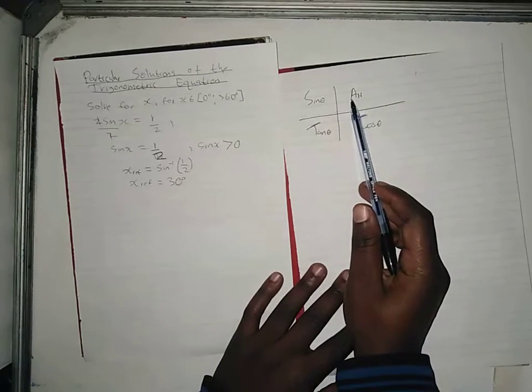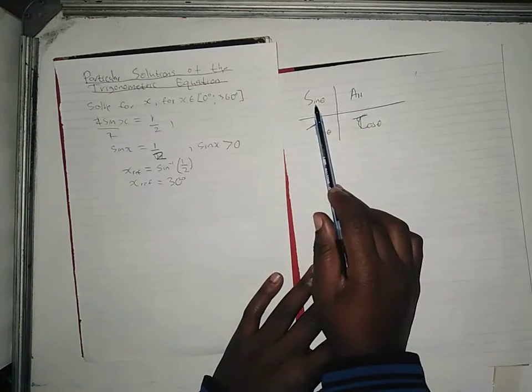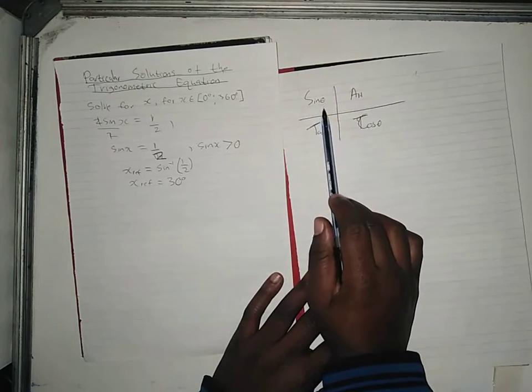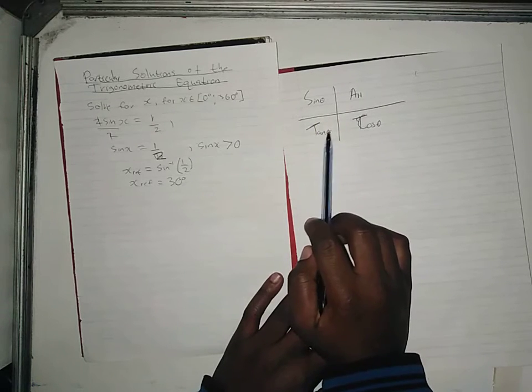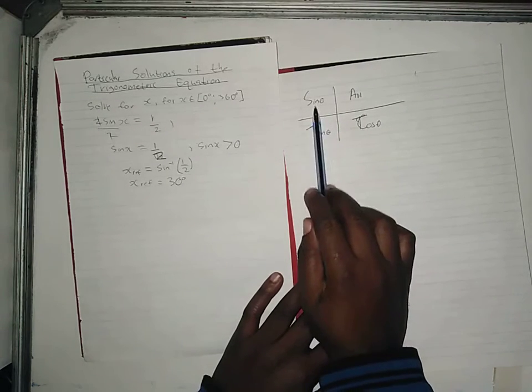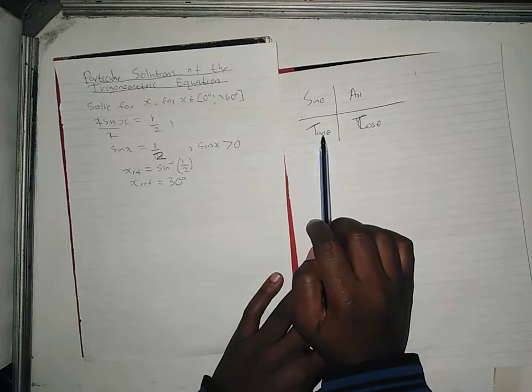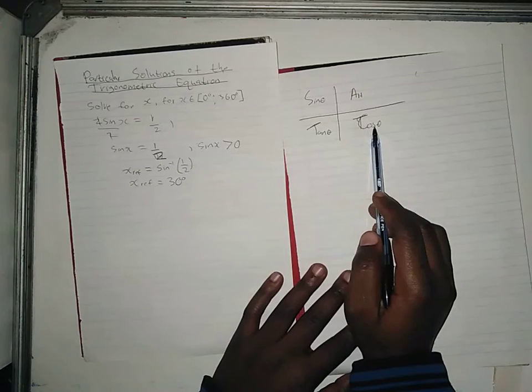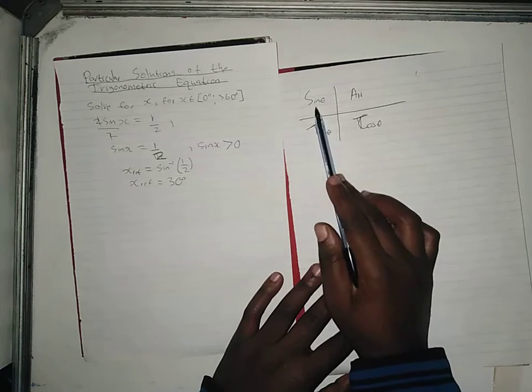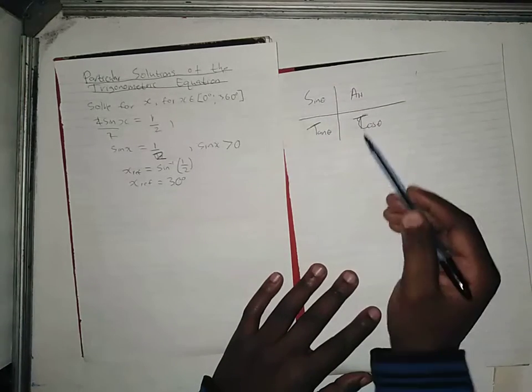So for example, here all trigonometric functions are positive. Here sine theta is positive, but tan theta and cos theta are negative. Here tan theta is positive, but sine theta and cos theta are negative. And here cos theta is positive, and sine theta and tan theta are negative.